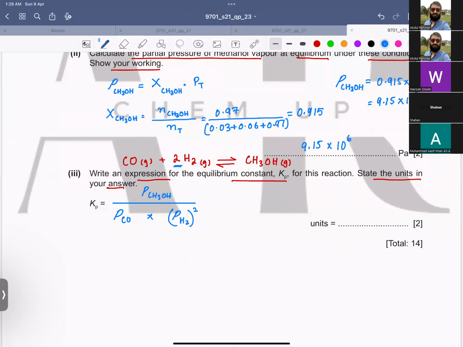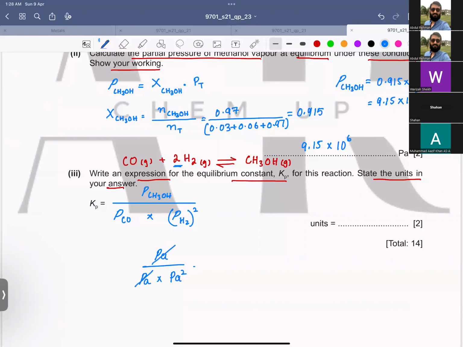So if I have to find the units, the unit provided over here is pascal. In the numerator, I have 1 pressure, so it would be pascal, divided by partial pressure of carbon monoxide, which is also in pascal, multiplied by the square of the partial pressure of hydrogen, which would be pascal squared.